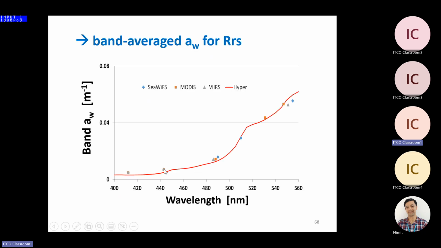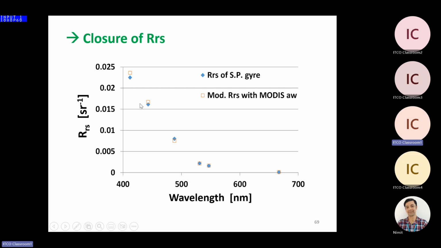With this, we get the a water for the WiFS band average that is very close to the hyperspectral a water. So basically, this shows the bandwidth effect on a water. Plug these numbers into the model, and we get much better closure between measured Rrs and model Rrs. So that's the bandwidth effect.